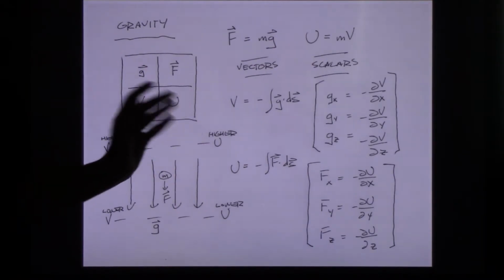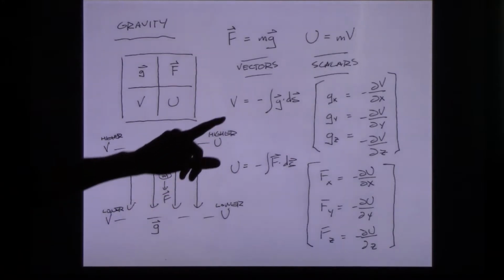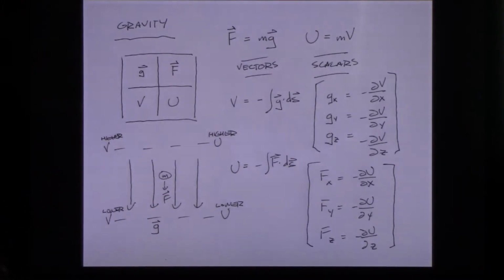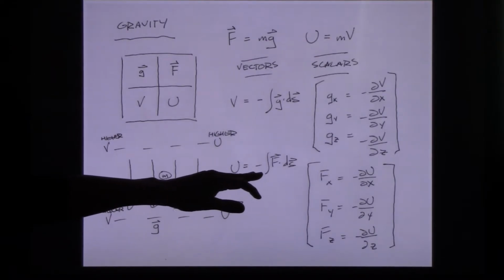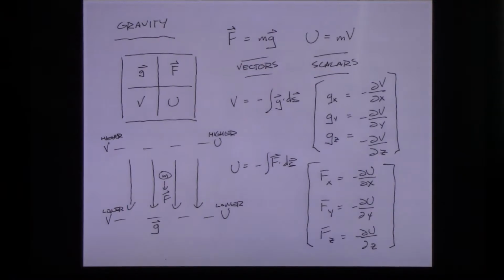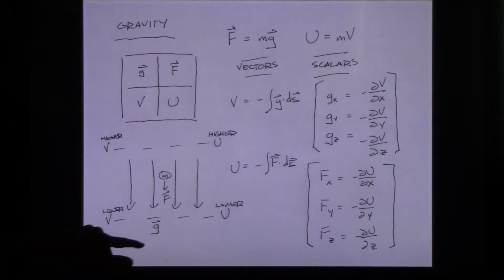If we want to be able to work back and forth between the scalar and the vector quantities, we know that the potential differences are determined by following the gravitational field line along some path, and analogous to that is the potential energy following the forces. So in this case, following the force and the gravitational field, it's the same thing. Gravity is the easier example here because gravity is always attractive.